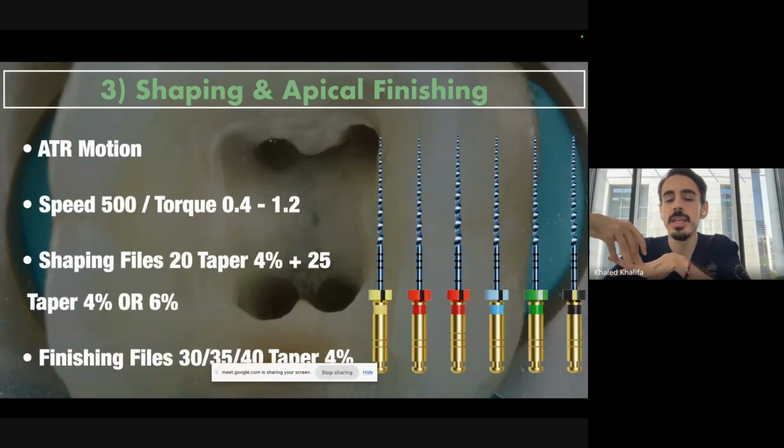And we depend more on the irrigation and activation. So basically, the shaping protocol is not something pre-systemized. You shouldn't memorize that this canal should be done on 40 taper 4, for example. It's a clinical decision you take, looking at many factors, like whether the tooth is vital or necrotic. Many factors are very important to be included in choosing your finishing file.